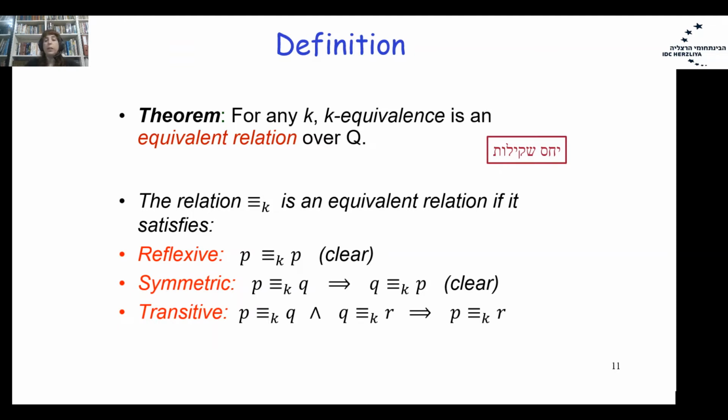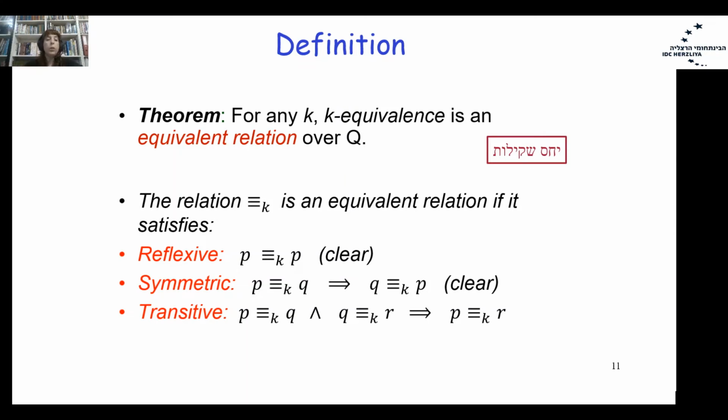If p is k equivalent to q, it means that q is k equivalent to p. Once again, the symmetric relation is clear: if we can't find a separation word of length k between p and q, we can't find a word between q and p.